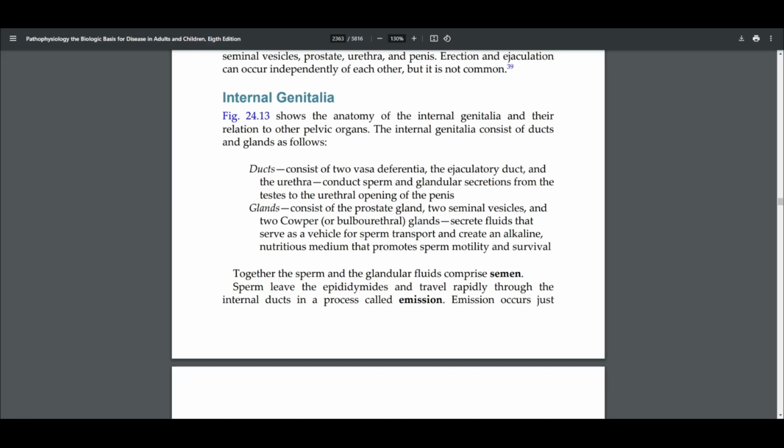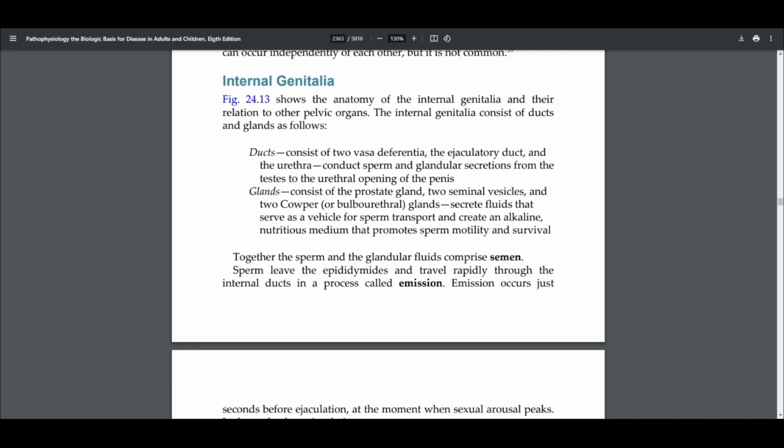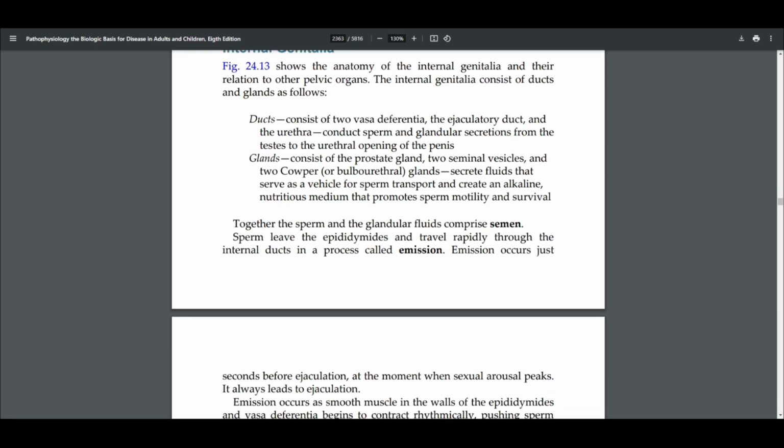And then the glands, which consist of the prostate gland, two seminal vesicles, and two Cowper glands, secrete fluids that serve as the vehicle for sperm transport and create an alkaline, nutritious medium that promotes sperm motility and survival. Together, the sperm and the glandular fluids comprise semen.